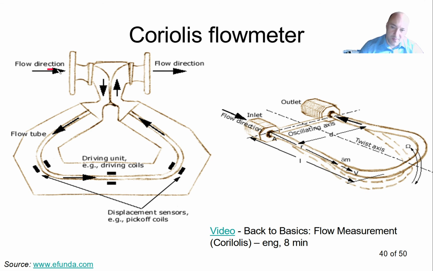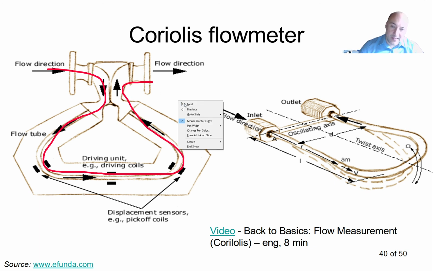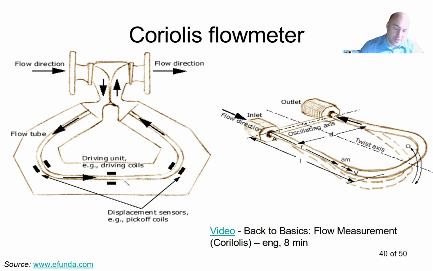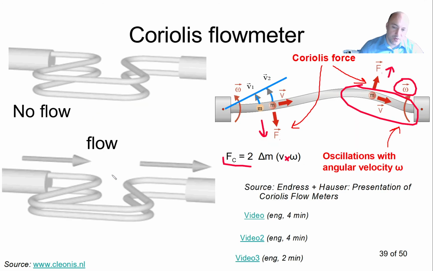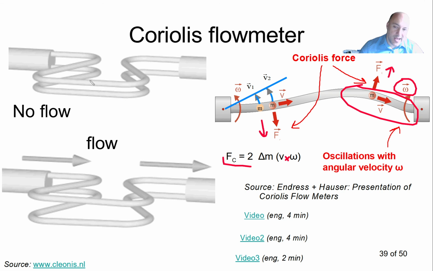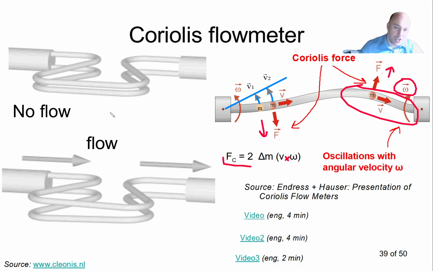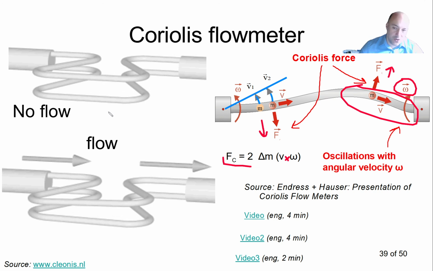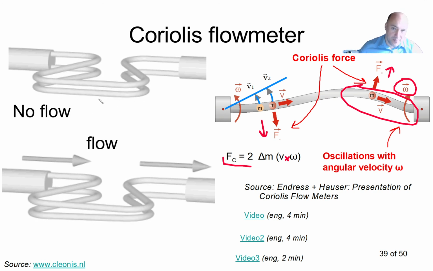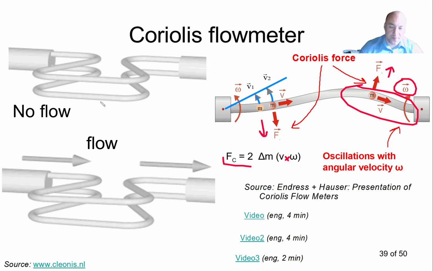This is my pipe, it's going like that. And in the middle we have a driving coil or coils that impose this oscillation. Of course, on the animation, the movement is exaggerated. It's much smaller in reality.